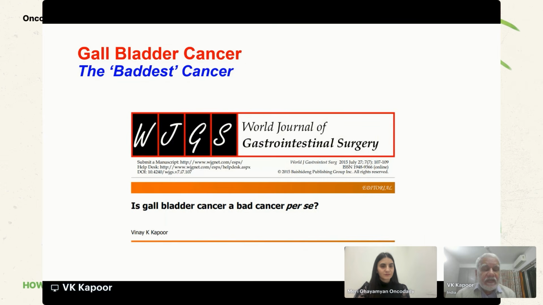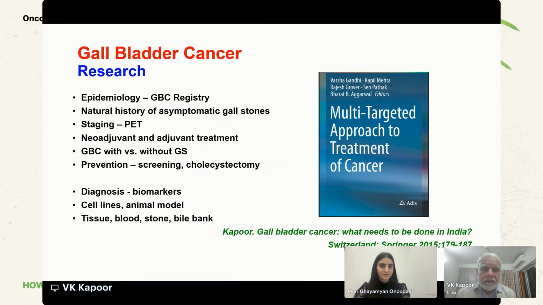So that is why I said that we have to have an Indian Buddhist middle path, that for these early incidentally detected gallbladder cancers, we should have a very aggressive approach, because that is the only chance for cure. Whereas for locally advanced gallbladder cancer, although technically we can do major procedures and achieve R0 resection status, the outcome is not very good.